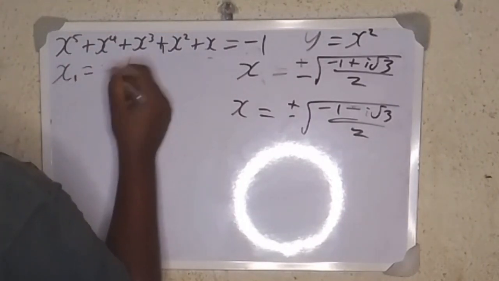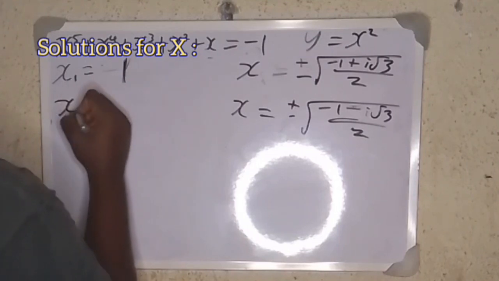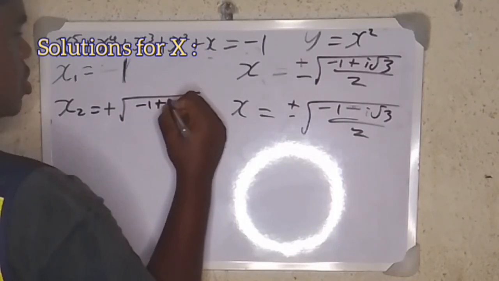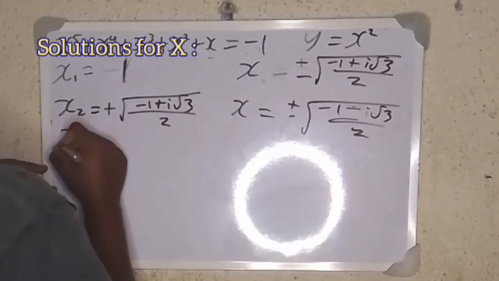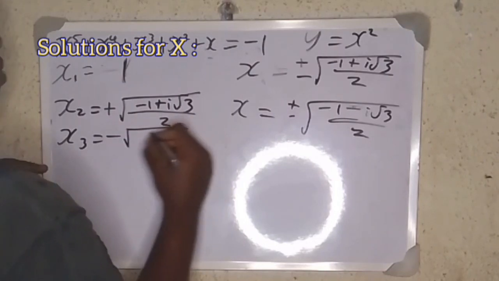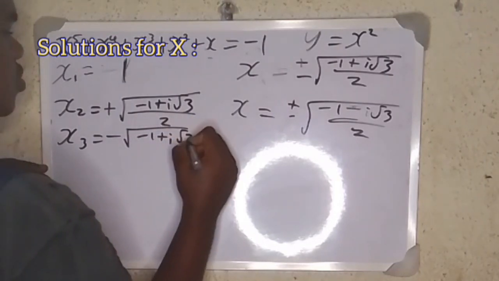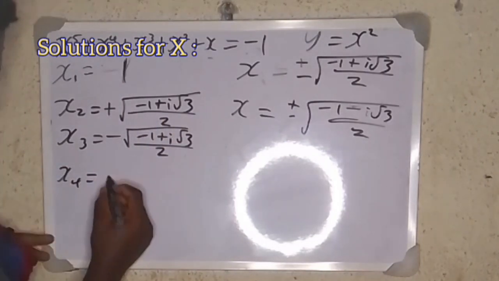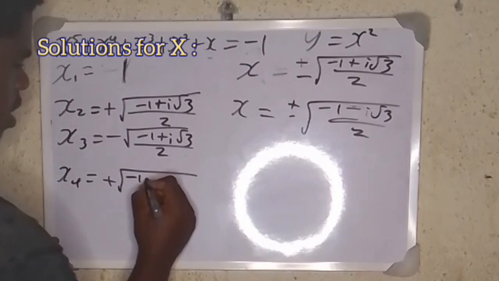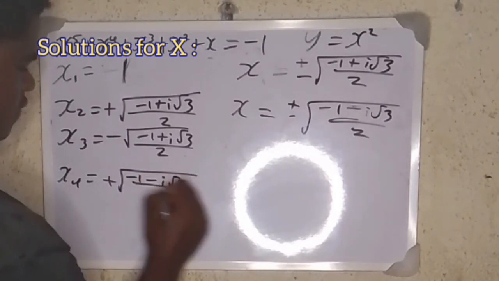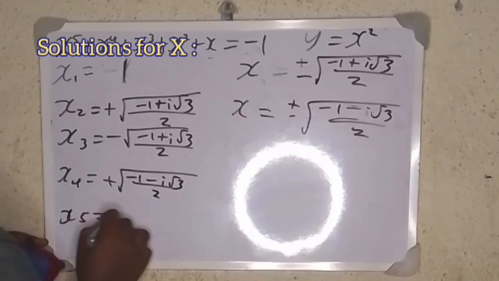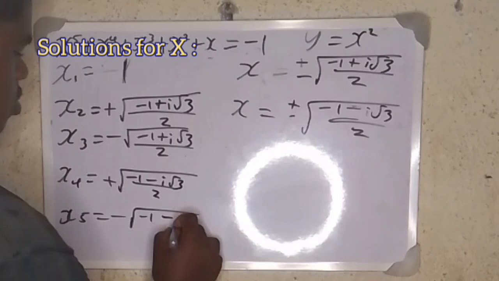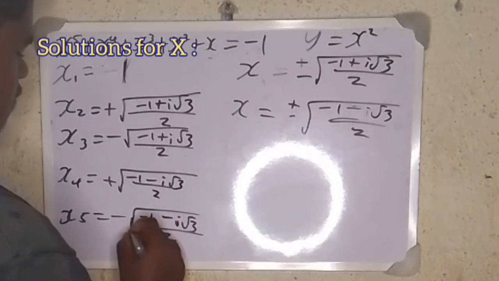Our x2 is equal to plus the square root of (-1 + i√3)/2. Our x3 is equal to minus the square root of (-1 + i√3)/2. Our x4 is equal to plus the square root of (-1 - i√3)/2. And our x5 is equal to minus the square root of (-1 - i√3)/2.